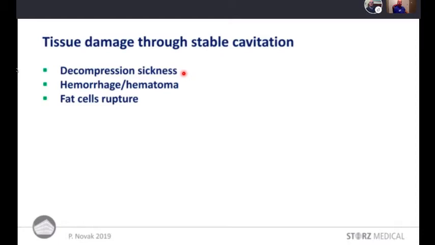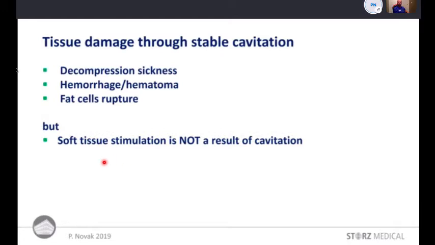It forms stable cavitation and accordingly, due to the bubbles, causes vessel rupture and destruction of the tissue. This is the hemorrhage as shown with kidneys, and of course it can also result in cell rupture in the case of the fat cells.